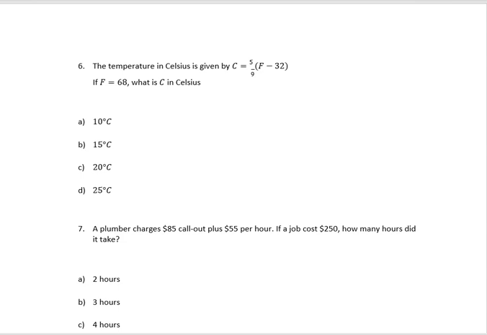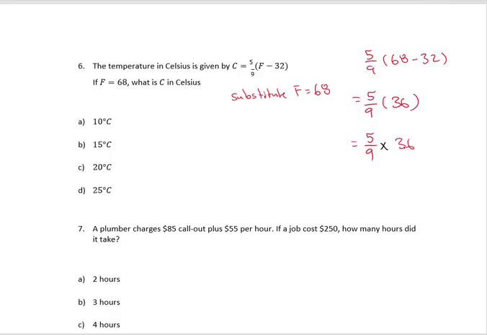The temperature in Celsius is given by C equals 5 over 9, bracket F minus 32. If F equals 68, what is C in Celsius? So you just substitute. Now this actually becomes 5 over 9 times 36.